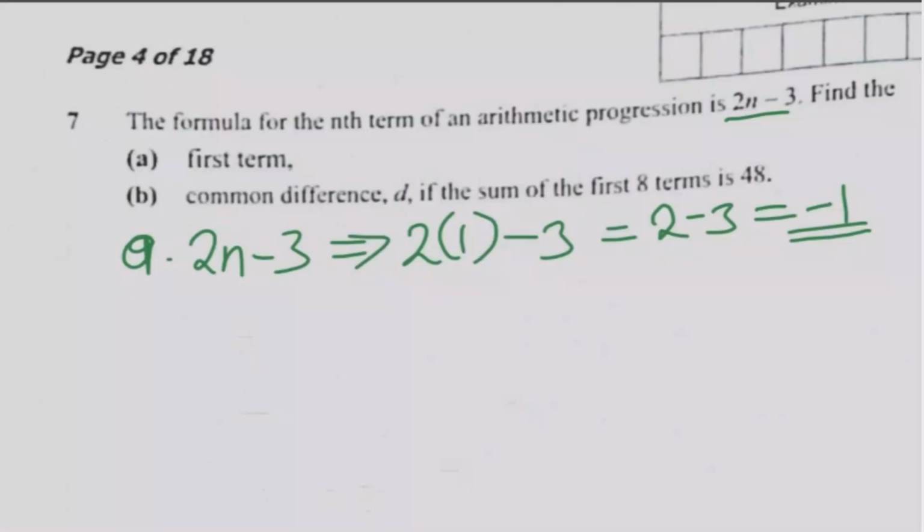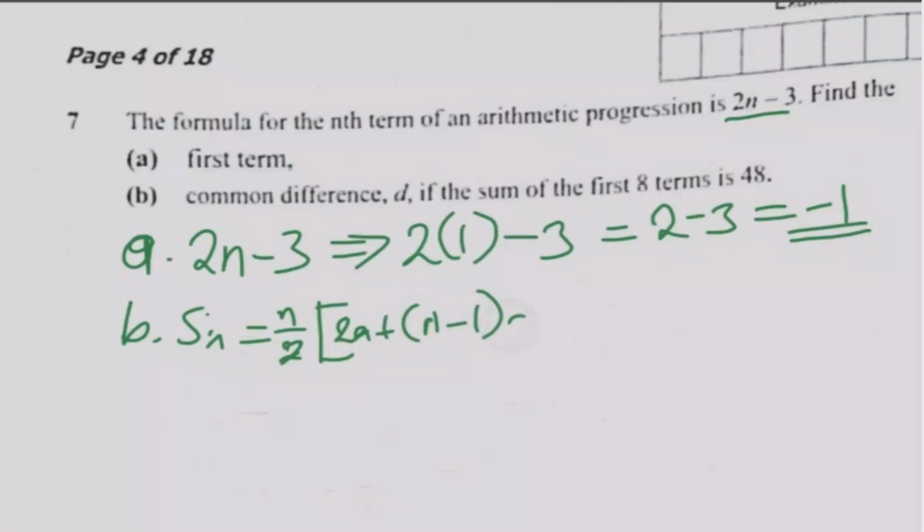Then the formula I'm going to use is Sn is equal to n over 2, open bracket, then I have got 2a plus open bracket n minus 1 close bracket d, close bracket, like that.